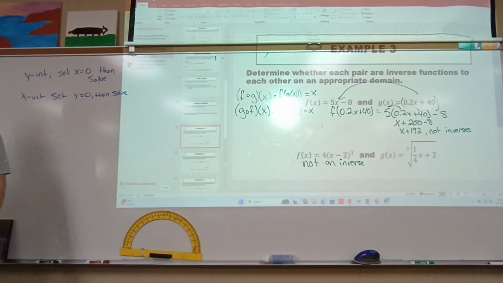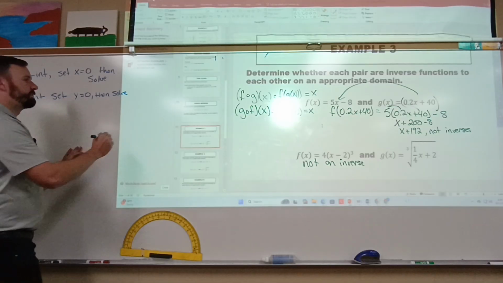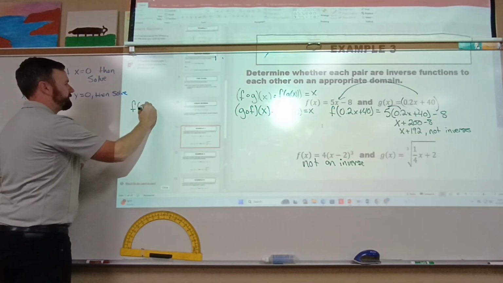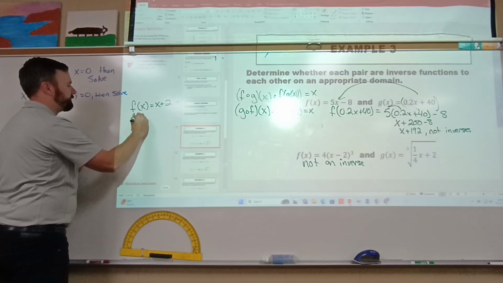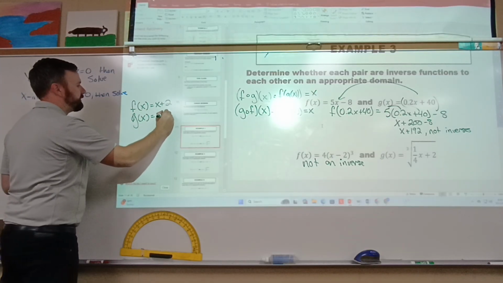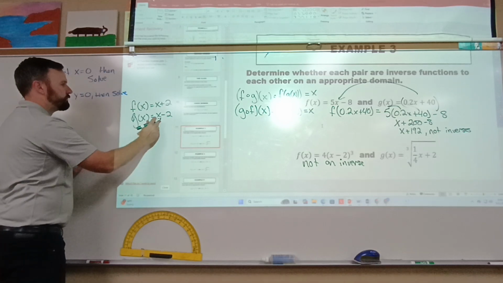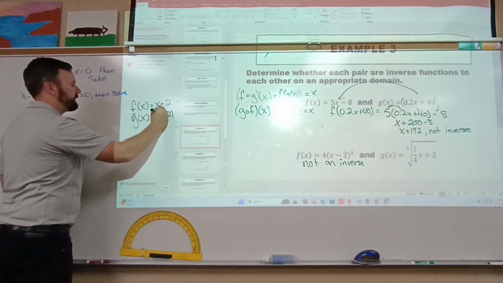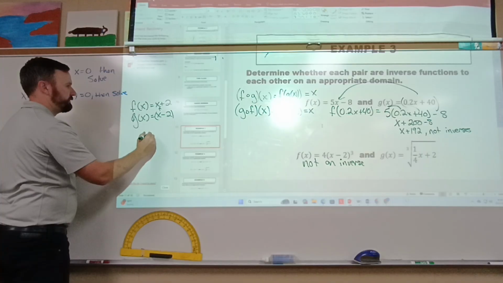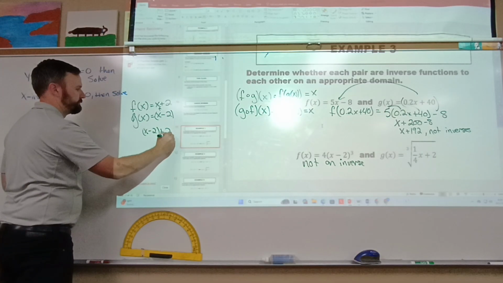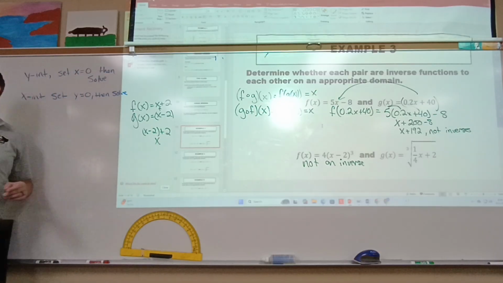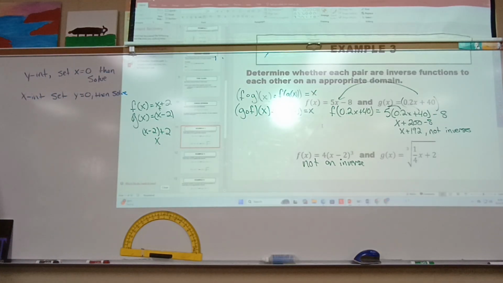Let me show you a basic one. Let's say f of x is x plus 2, and g of x is x minus 2. So if I plug in this for x, I would get x minus 2 plus 2, which is x. You need to get just x by itself.